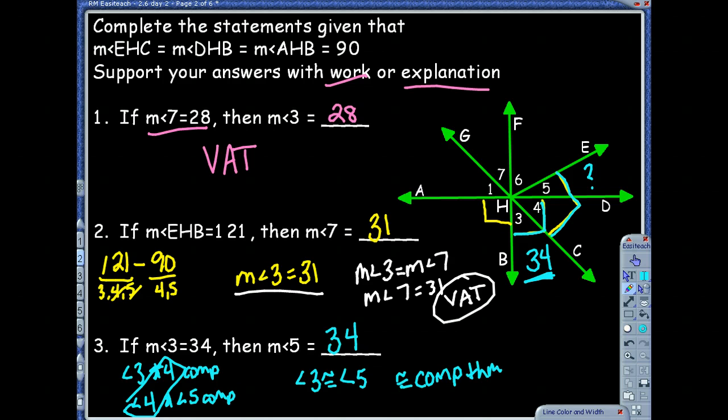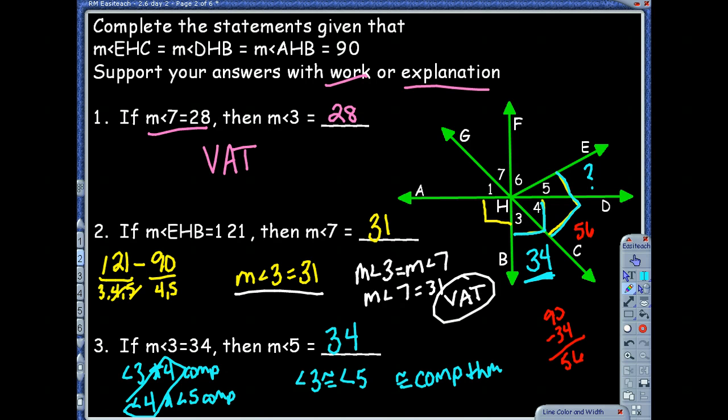So another way you could do it is, okay, if you know angle 3 is 34, then you can find angle 4. So you could find that by doing 90 minus 34. And that gives you what? 56? Okay. All right, so that's angle 4.